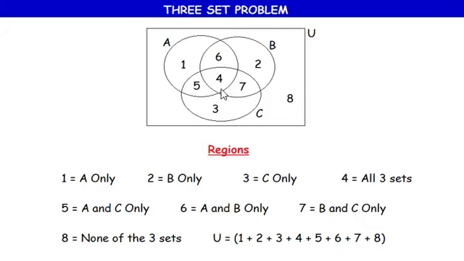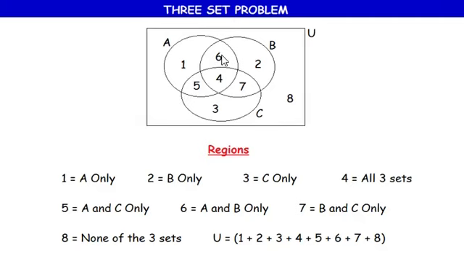This oval shape represents members that belong to set A and set B, just A and B, right? So it presupposes that those who belong to set A and set B is 4 plus 6, but those who belong to A and B only, meaning that they don't belong to set C, it is 6.